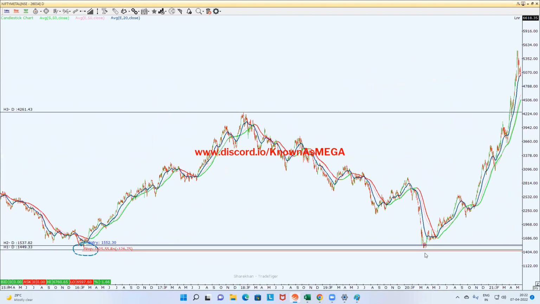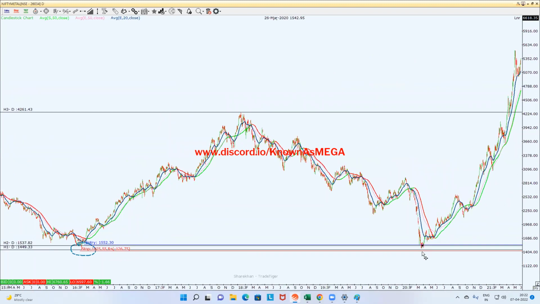Price came very close, but your stop loss is not hit. You got entry, it consolidated for some period and it went up. So by drawing exceptional marking, you are going to save your trade. There is a high chance that you will not get stopped out by using exceptional marking. That is the goal.